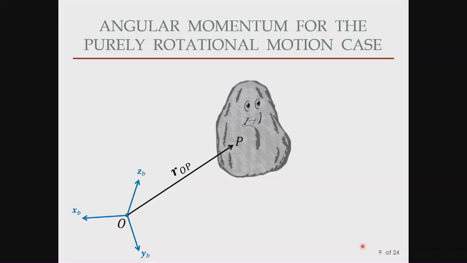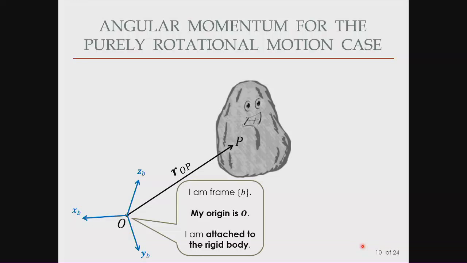Now here is a coordinate system that I located for convenience here at point O, but what you need to remember is that it is attached to the rigid body. What does it mean? So let's say this is some xb, yb.